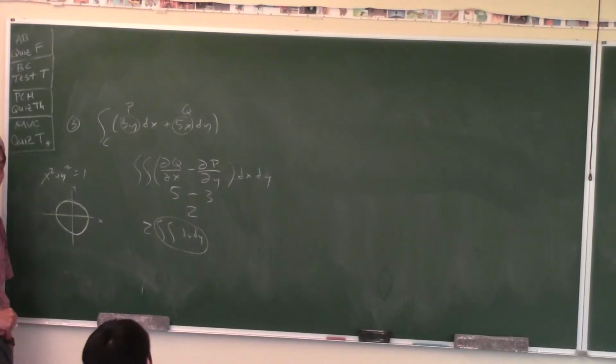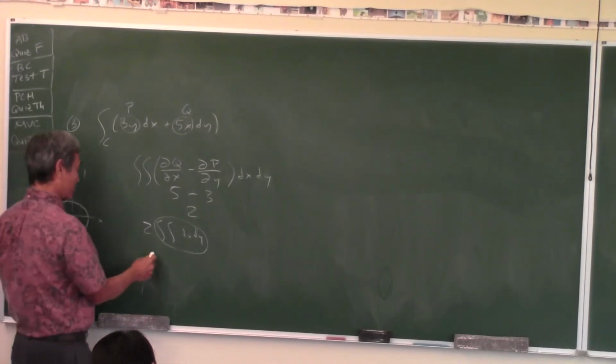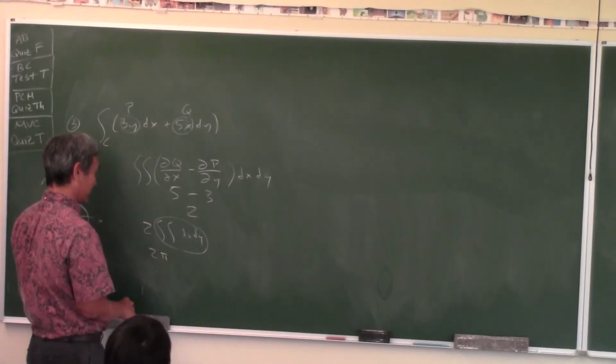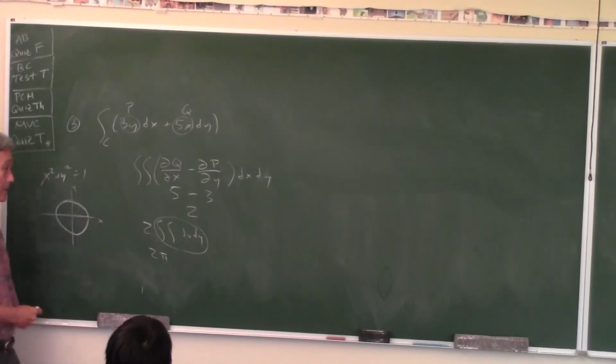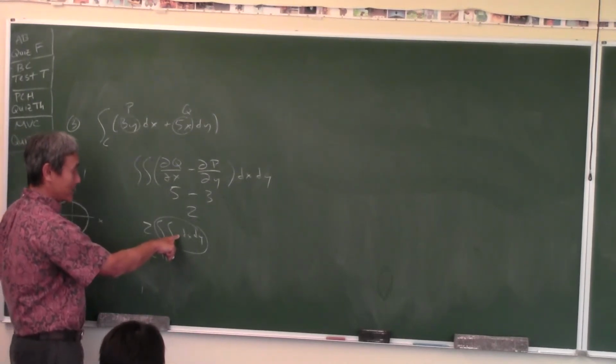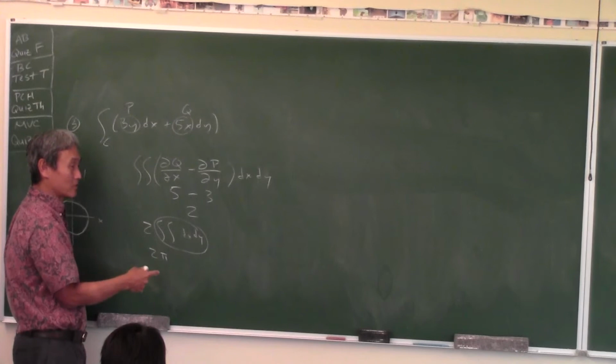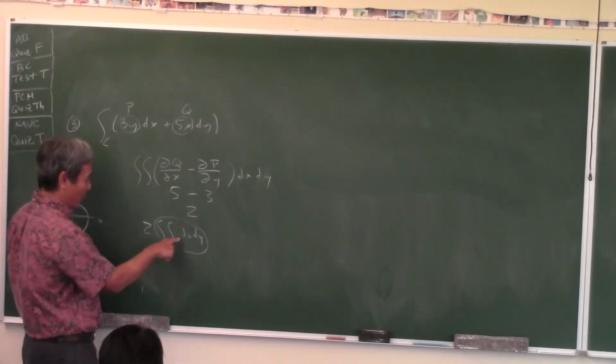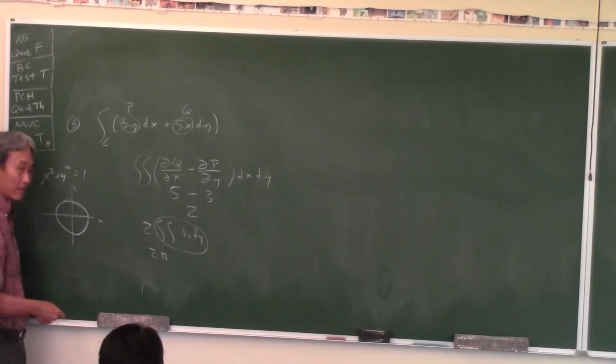That's not what I did initially, but that's what I realized. So the answer is just 2 pi then. Yeah, I think so. But then if you had the x there, that's like the x coordinate of the centroid thing, right? If you have the y there, that's the y coordinate of the centroid thing.